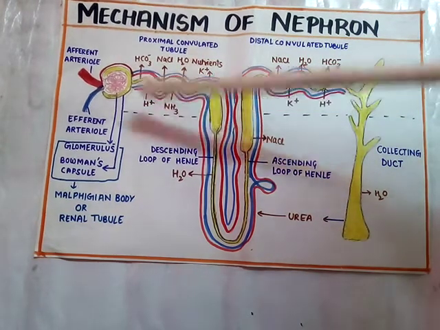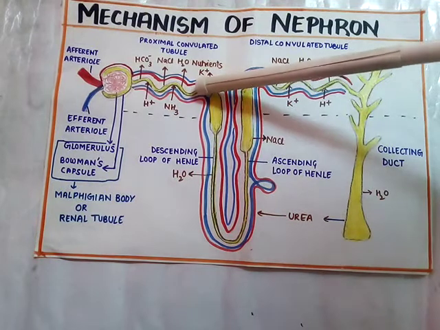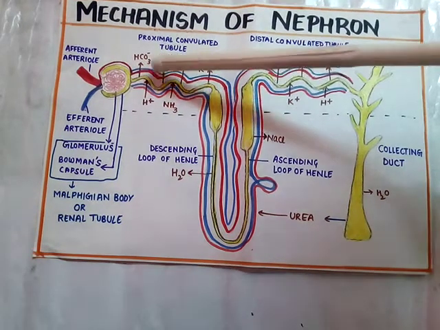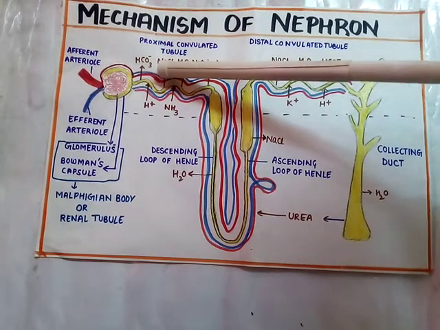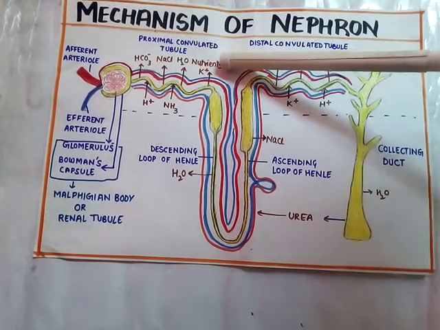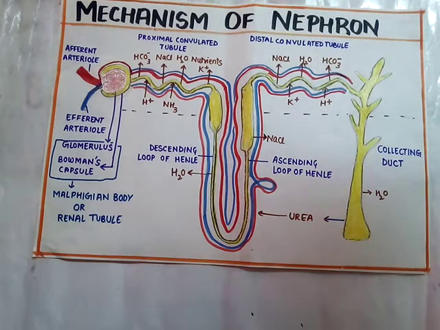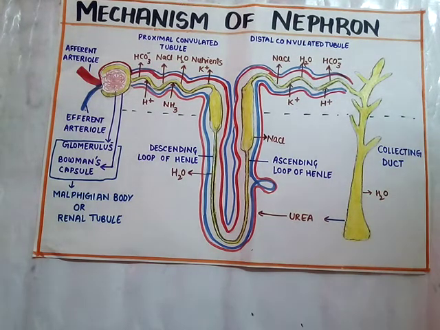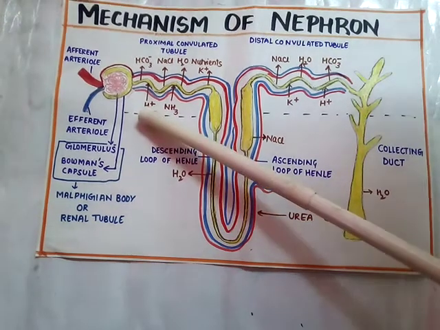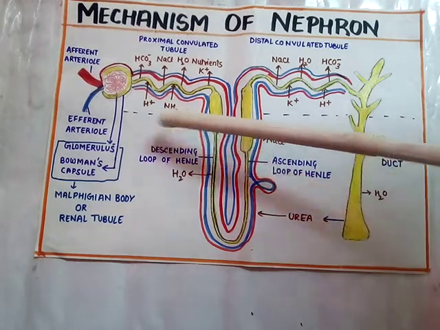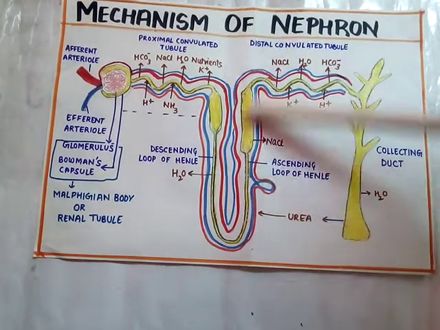So you can see the structure of the proximal convoluted tubule. Here reabsorption of carbonate, sodium chloride, water, nutrients and potassium takes place. And to maintain the pH and ionic balance of the body fluids, the selective secretion of hydrogen ions and ammonia takes place.